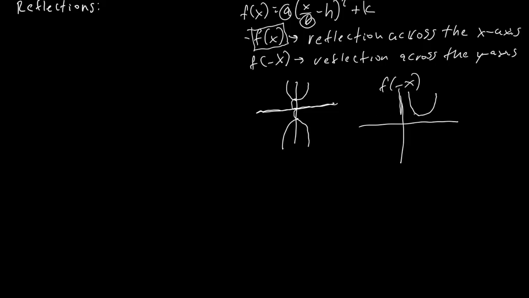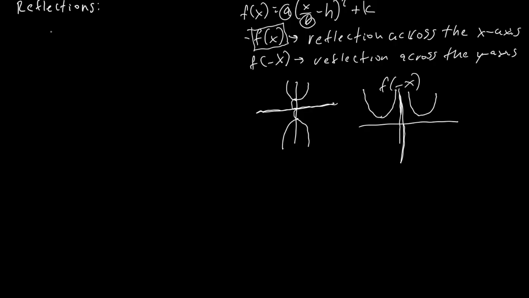So if here it's getting smaller, then here it's getting smaller but on the negative side. It's getting a smaller absolute value but on the negative side, and here it's getting a larger absolute value but on the negative side as well. So it basically is the same function, just in a different quadrant, across the y-axis.